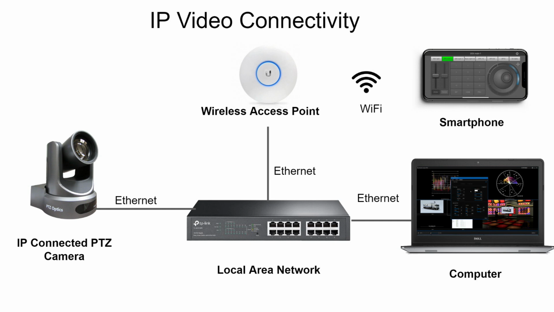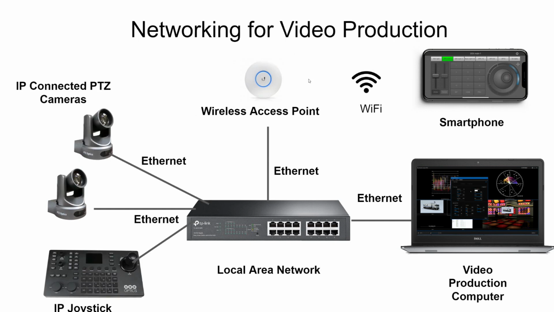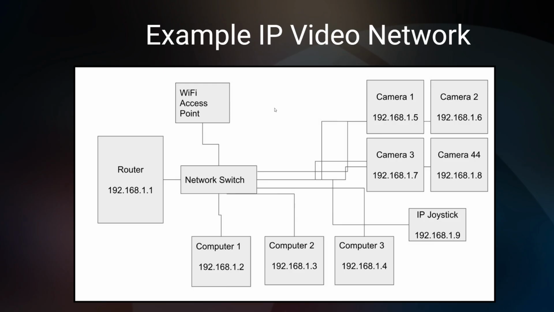So this is an example of a PTZ camera, an IP network switch, a computer connecting to that PTZ camera, maybe a smartphone controlling it over Wi-Fi. And the great thing is you can slowly build these systems, adding one device at a time, very affordably and effectively. Now, this is a video network that has been really well thought out.